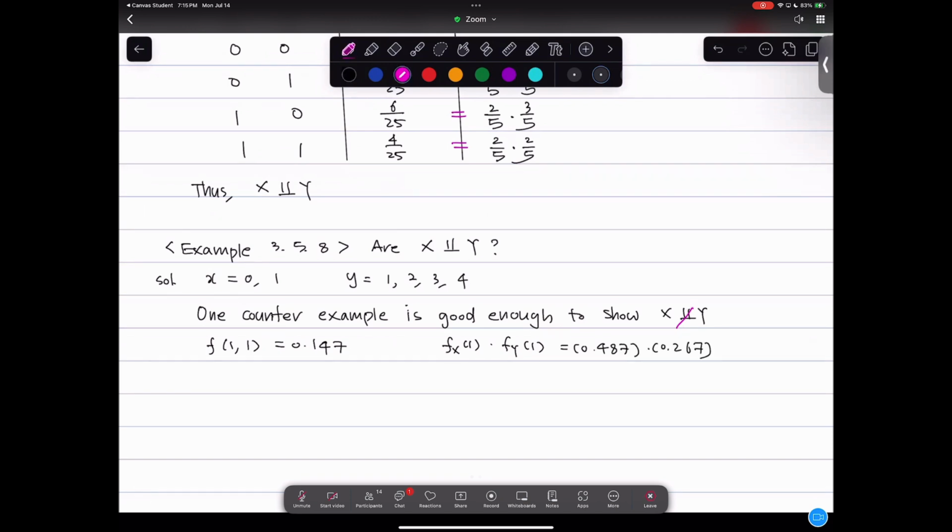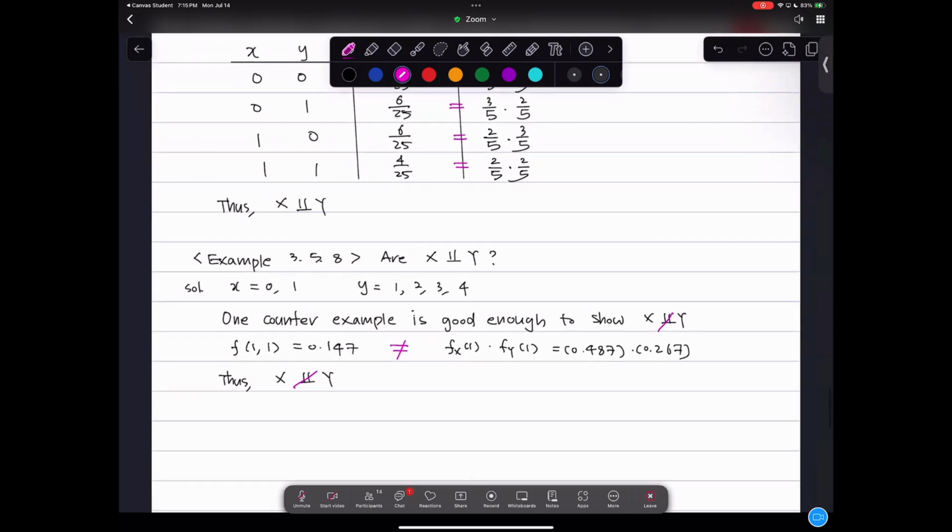So they're not equal to each other. So that example is enough to show, therefore, X and Y are not independent. So that's easier. By showing that they're independent, you have to go through every single one of them. It's a little tedious to do it that way.